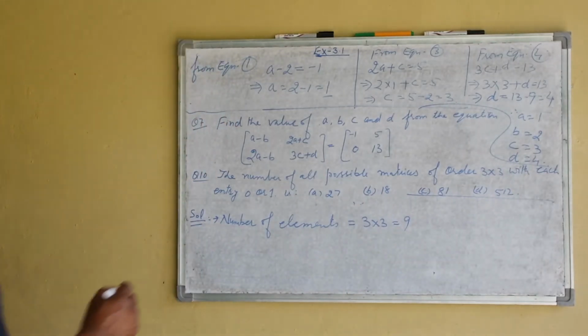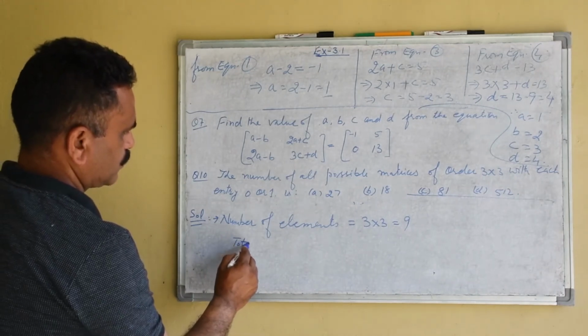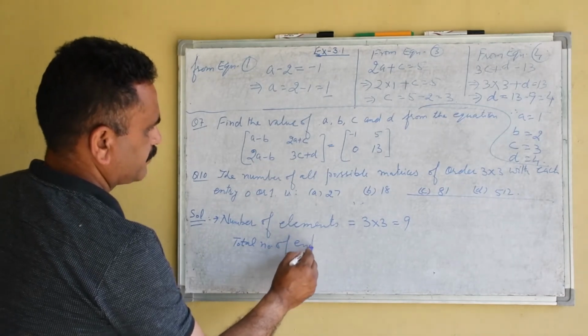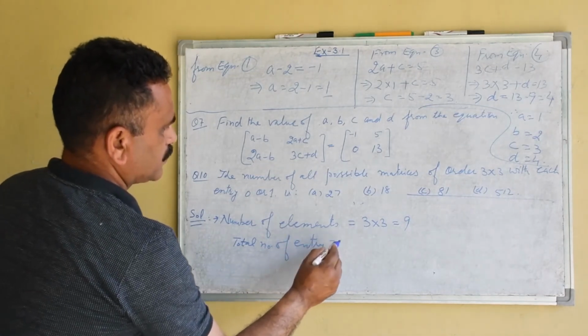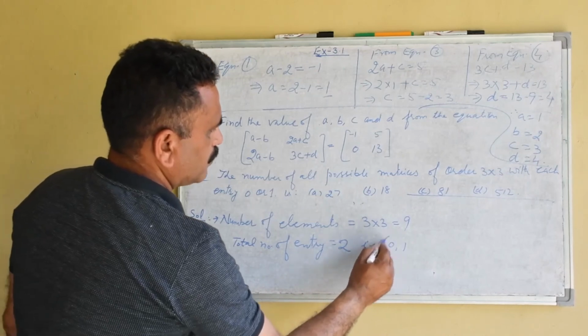Now the total number of entries is 2, that is 0 or 1.